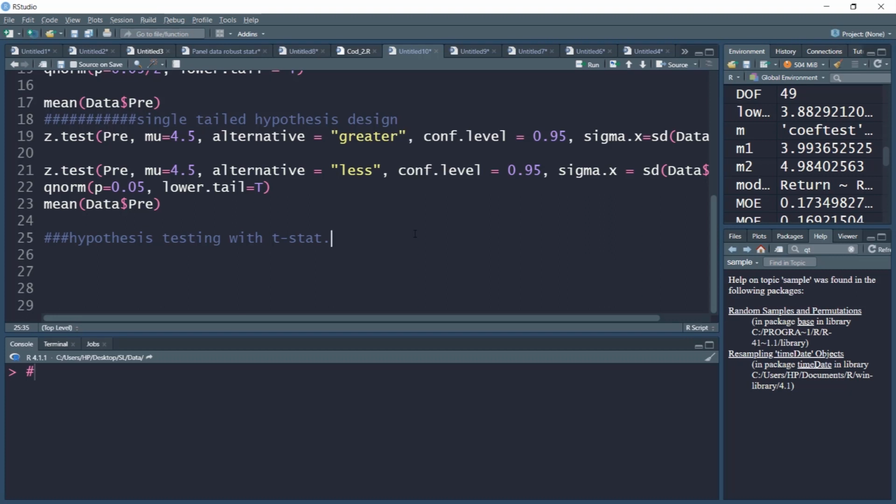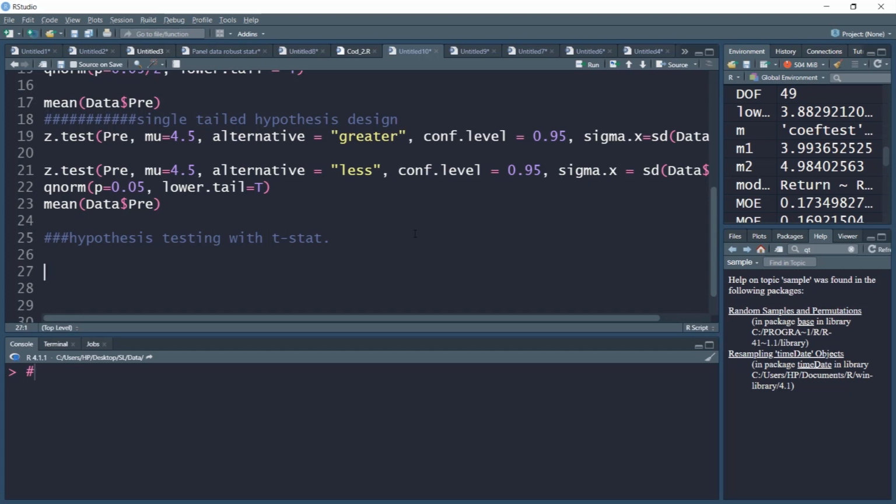Also, we'll see that T statistic is more effective when the sample sizes are small, and for T tests, degrees of freedom is an important feature that needs to be computed to perform the T test.